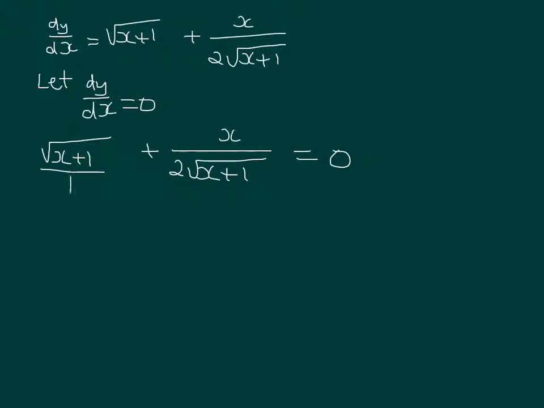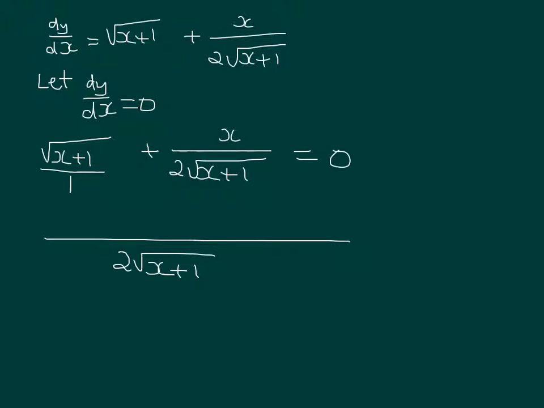So if we get a common denominator, which is what everything goes into, we've got 2 into root x plus 1. So this was 1, and now it's 2 root x plus 1. So we've multiplied 1 by that, which means we need to multiply the numerator by that as well.